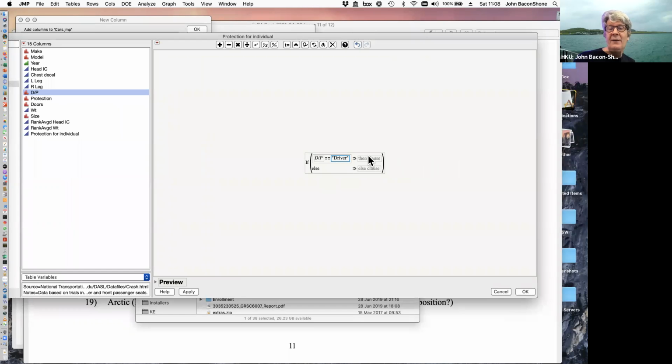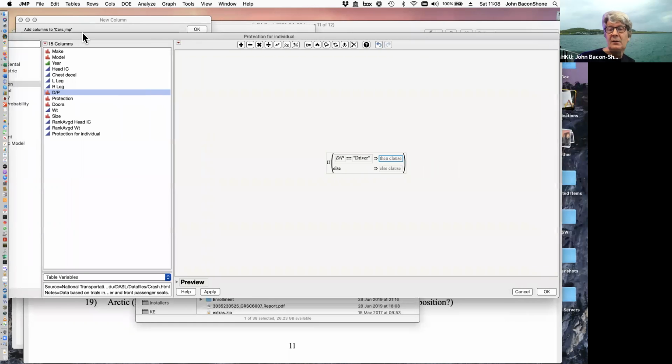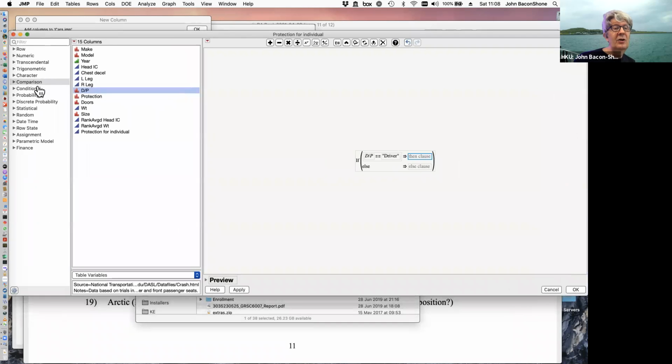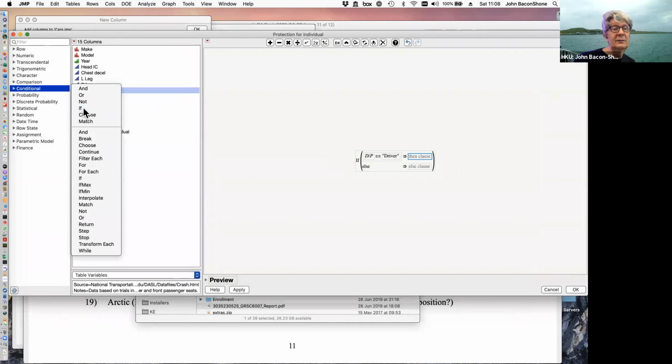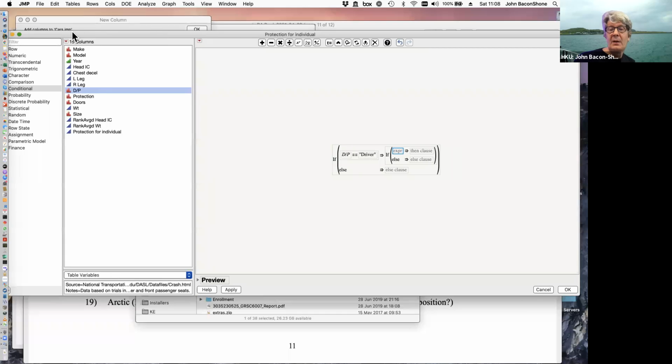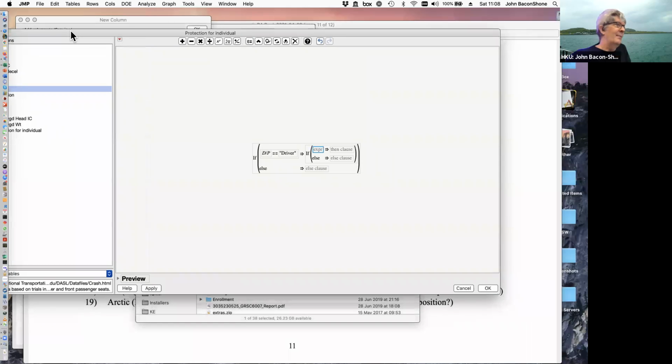So if you're the driver, then what do we need to do here? Well, we need another conditional in here. So remember, essentially, we argue there are 3 levels of protection: manual belts, passive belts, and airbags.